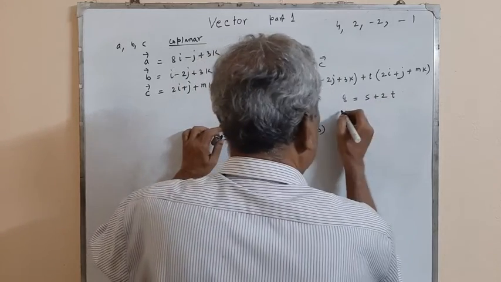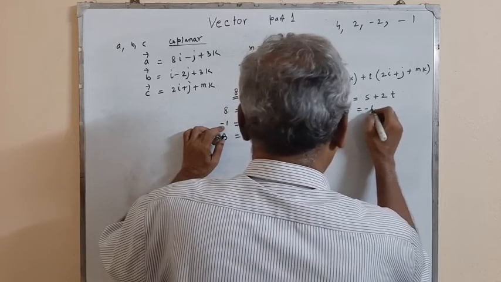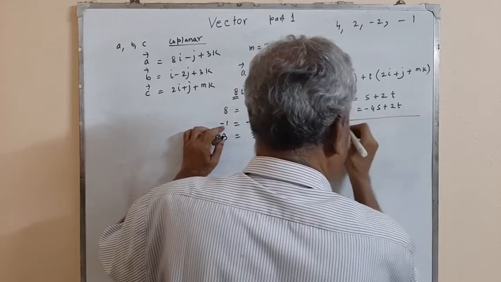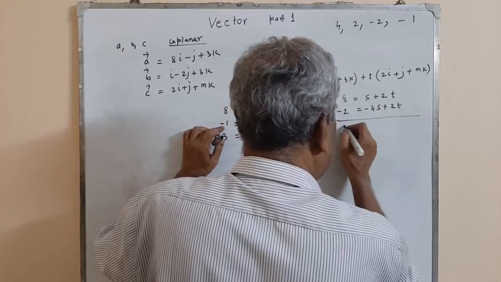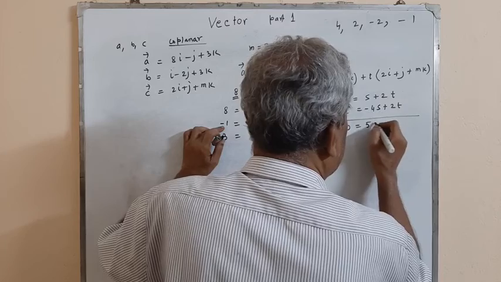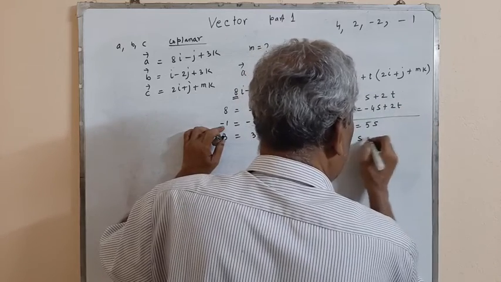Multiplying the second by 2, minus 2 is equal to minus 4s plus 2t. Subtracting this minus that, 10 is equal to 5s, and the t terms cancel. So s is equal to 2.